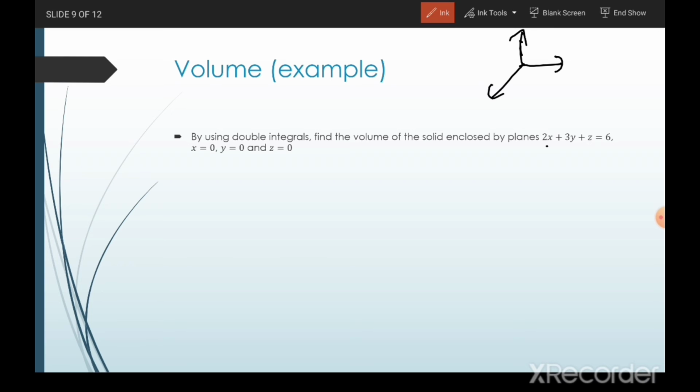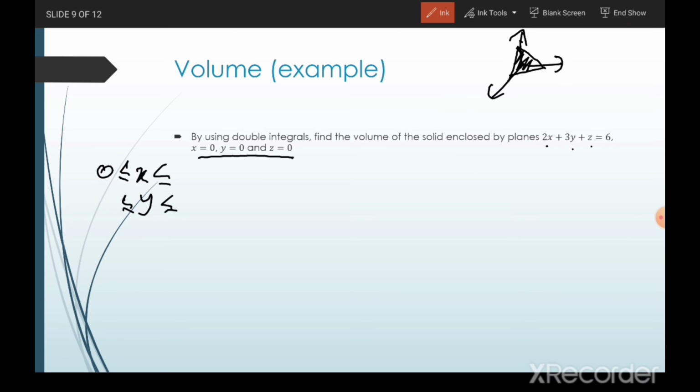So all have value x, y, and z. You need to remember from chapter 1. And they show the limit is x equal to 0, y equal to 0, and z equal to 0. Okay, so we need to find the interval for x and y.